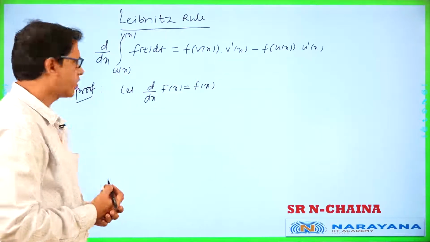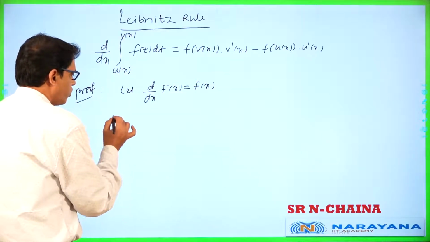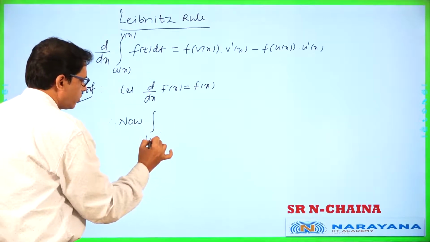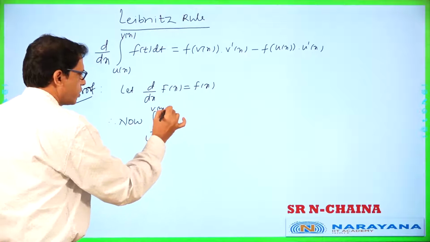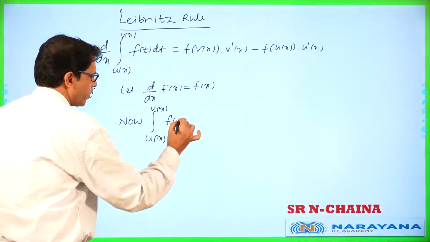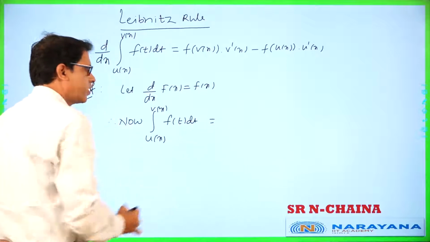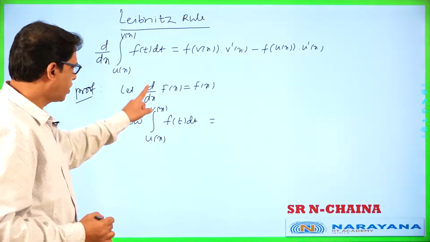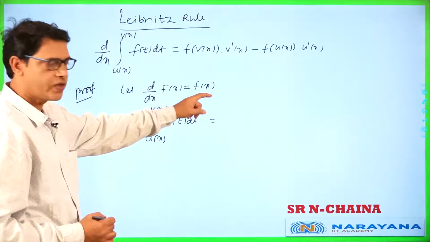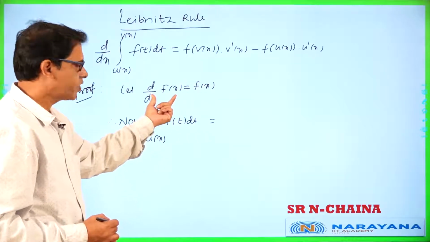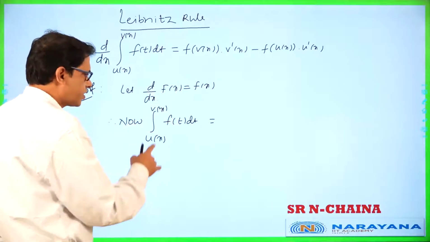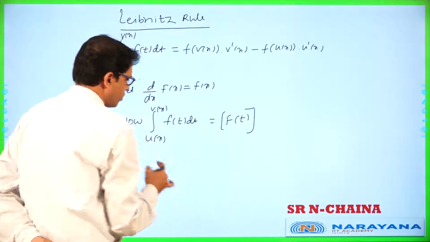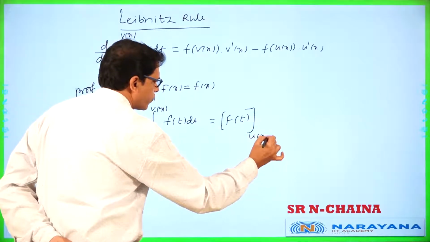Take the integral over u of x to v of x, f of t dt. If you integrate f of t, since the derivative of capital F of x is small f of x, the integration of f of x will be capital F of x. So this will be capital F of t, with limits from u of x to v of x.